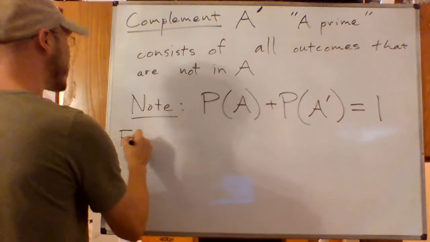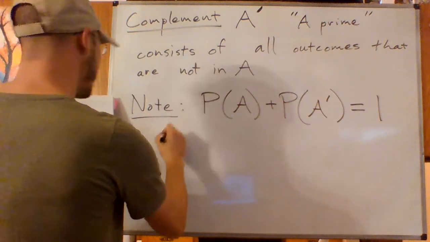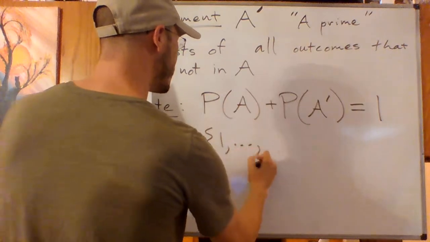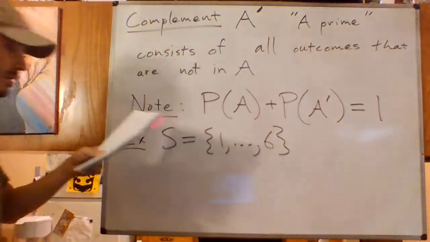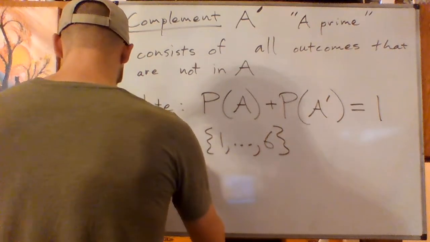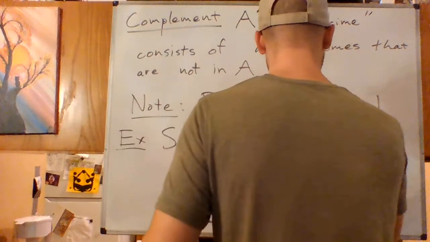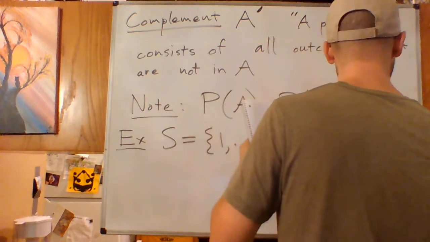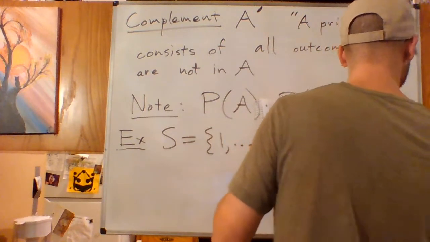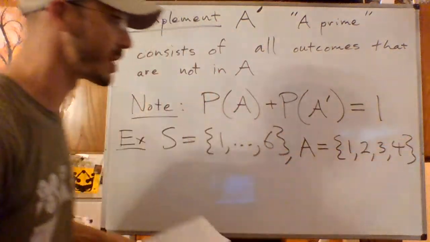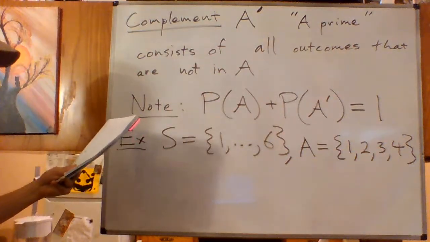Here's a quick example of complement. For the sample space, S equals the numbers 1 through 6, and event A equal to just 1, 2, 3, 4. This is actually the one that we looked at earlier, the set of outcomes from 1 to 4.